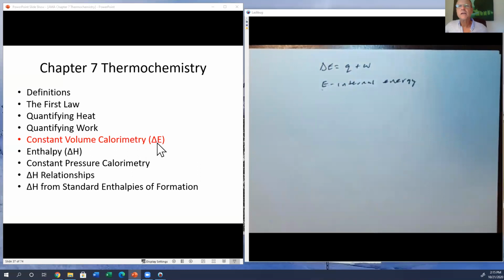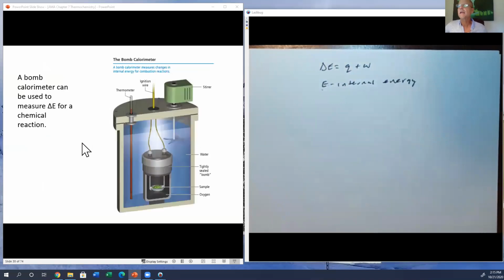A way to measure delta E for chemical reactions is through a technique called constant volume calorimetry, and it uses what's called a bomb calorimeter. What you have is basically a big bucket that is thermally isolated from the surroundings, so it's insulated.